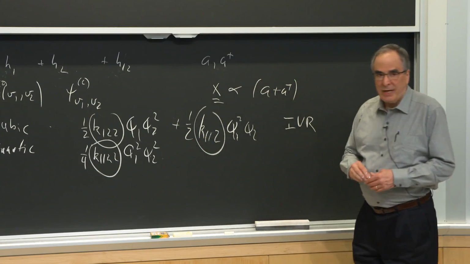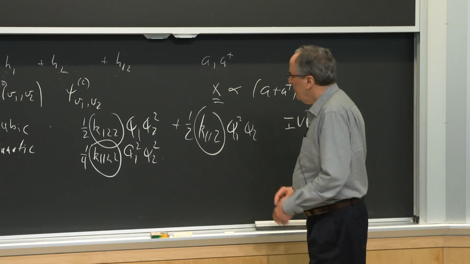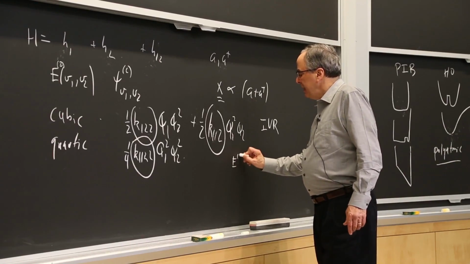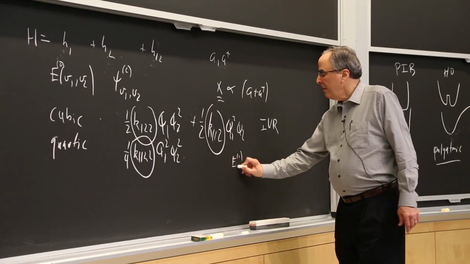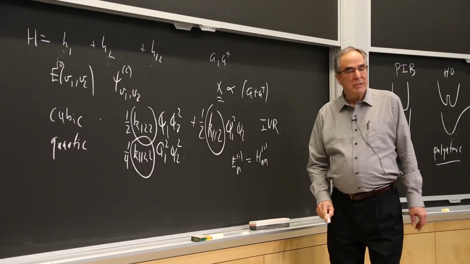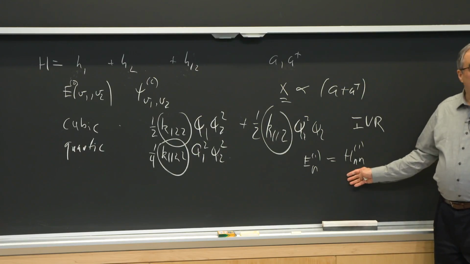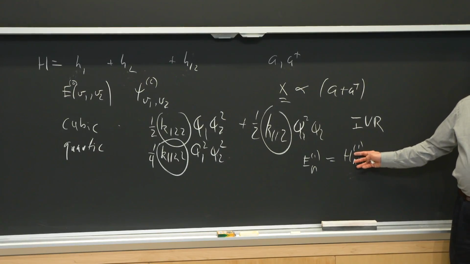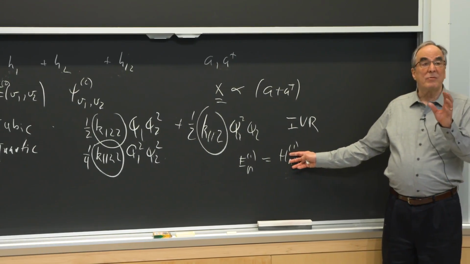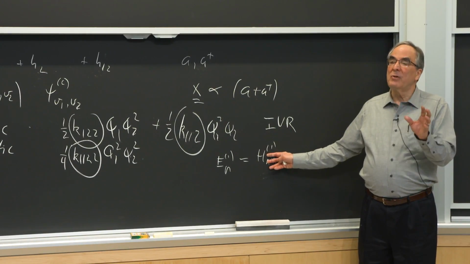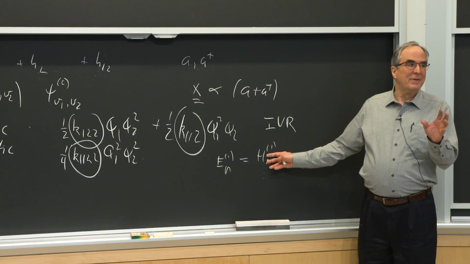Now, there's an interesting other thing. I told you that the first order correction to the energy is equal to a diagonal matrix element of the correction term to the Hamiltonian. All of the second order terms involve squares of matrix elements. The second order terms, you don't know the signs.